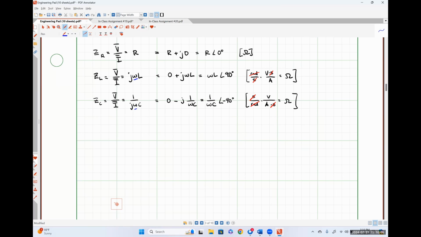Right. So the impedance of an inductor at DC is 0 ohms. Does that agree with anything else that we've learned in this class? So what do you guys think an inductor looks like at DC based on what we've learned previously? It's a short circuit.